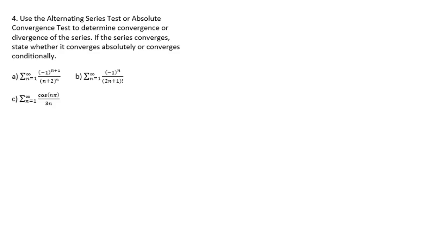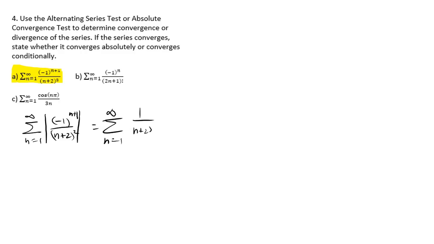Okay. Alright, use the alternating series test or absolute convergence test to determine convergence or divergence of the series. Okay. So what is the alternating series test or absolute series test? Well, absolute convergence test says that if you get rid of the part where the sign is changing and just write down the corresponding, so if I take the absolute value, that gives you sigma n from 1 through infinity of 1 over n plus 2 squared.